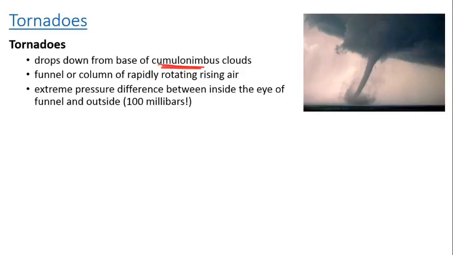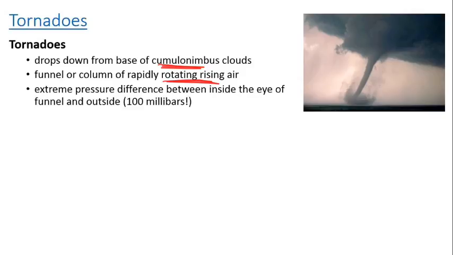They are rotating and rapidly rising up into the cloud. They're actually associated with the updraft. We talked about updraft and downdraft earlier in this part, and we also talked about pressure changes.